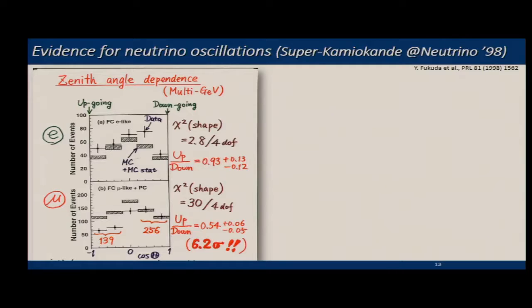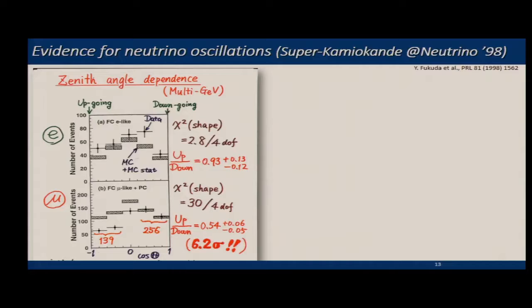And here, we showed the zenith angular distribution for electron neutrinos and muon neutrinos. Electron neutrinos are in the upper figure, and muon neutrinos are in the lower figure. Cosine theta 1 means downgoing neutrinos, and -1 means upward-going neutrinos.